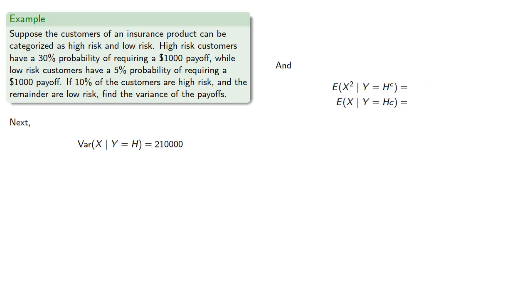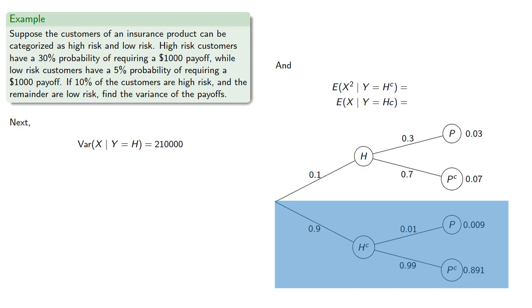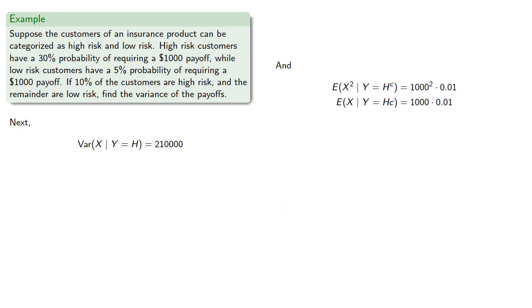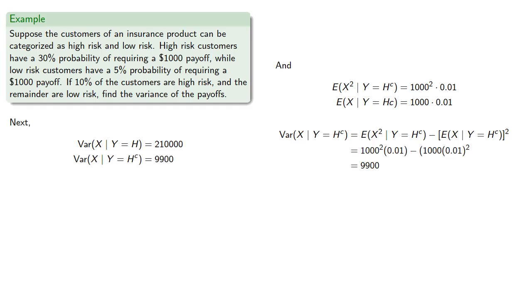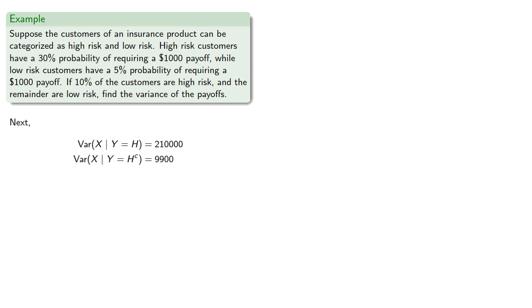Likewise, we need the expected value of the square and the payoff given that y is low risk. So again, we use this 0.01 probability because we know we're on this branch. And so our variance of x given that y is low risk will be. So we can compute the expected value of the variance.